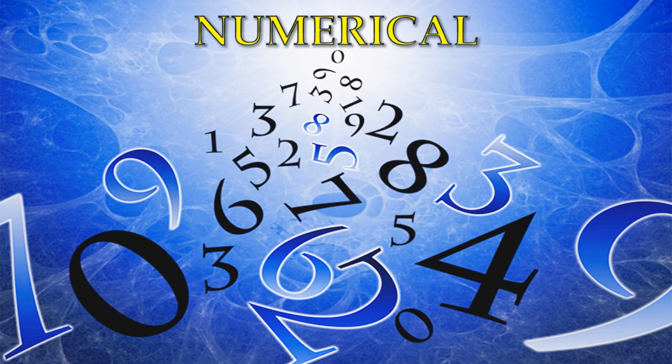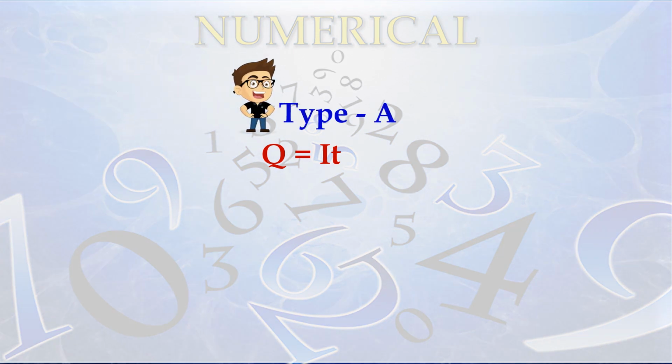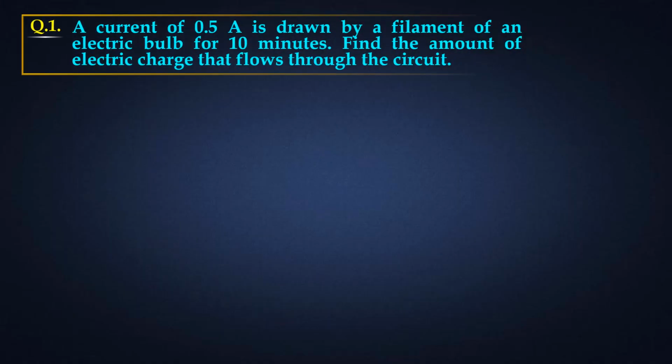The numericals: Q is equal to I T, W is equal to VQ, and Q is equal to NE. Question number 1. A current of 0.5 ampere is drawn by a filament of an electric bulb for 10 minutes. Find the amount of electric charge that flows through the circuit.